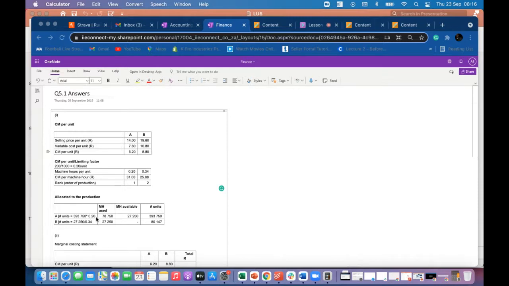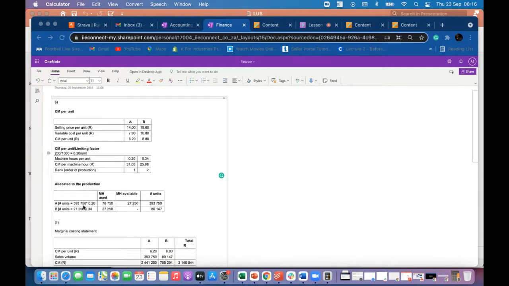We know that we want to produce 393,750 units. So how many machine hours do we need in order to produce all 393,750 units?